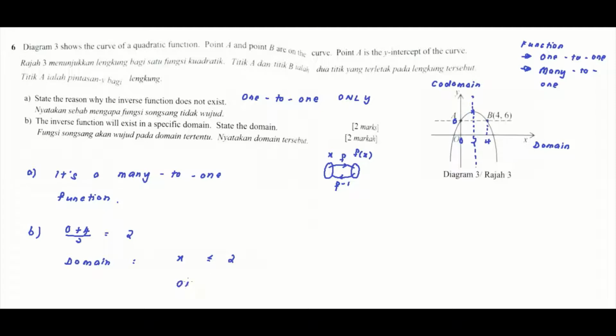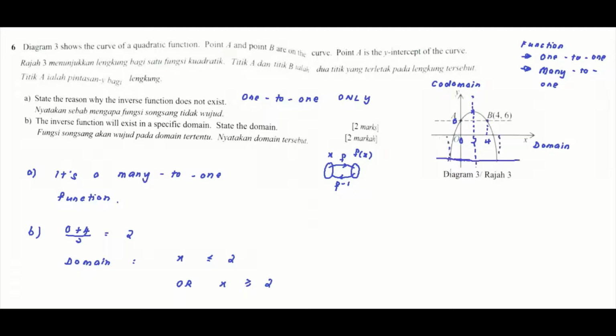The answer key actually only needs you to state one, but I'm going to state both, so you know both can be accepted. So x greater or equal to 0 if you want to take the second half. That way it becomes one-to-one and the inverse function will exist.